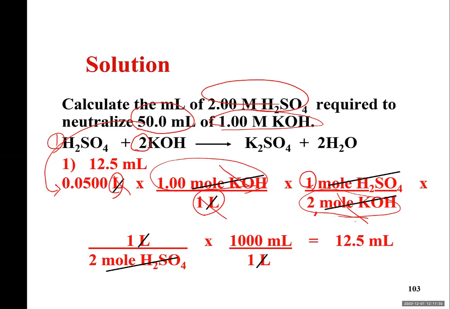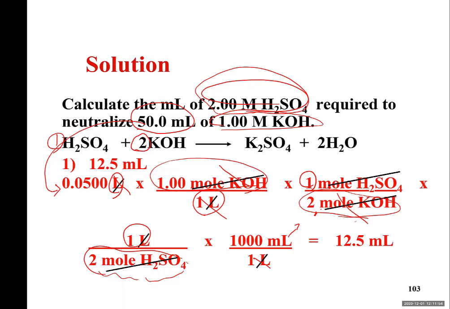And I can get the volume by using this information. What is the meaning of 2 mole per liter of sulfuric acid? It means there are 2 moles of sulfuric acid in 1 liter. So that gives you a number of liter of sulfuric acid. And now you can cancel liter, go to milliliter.